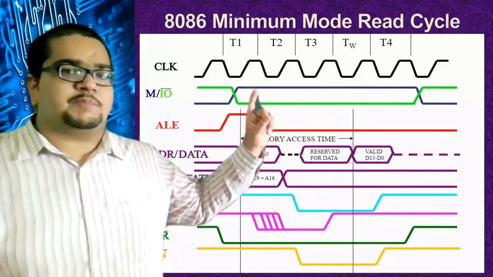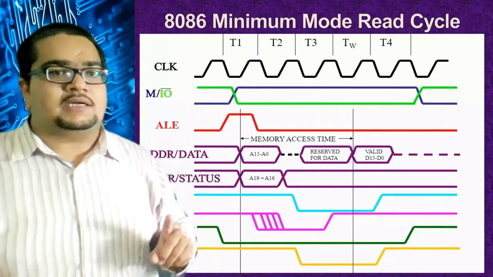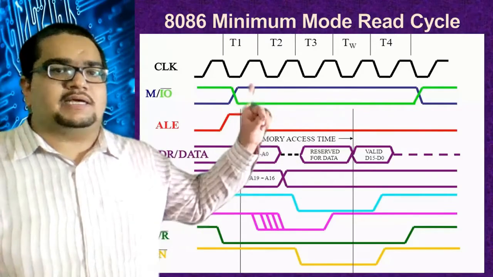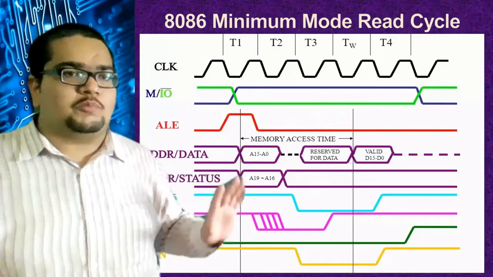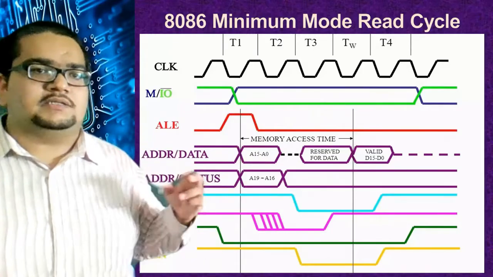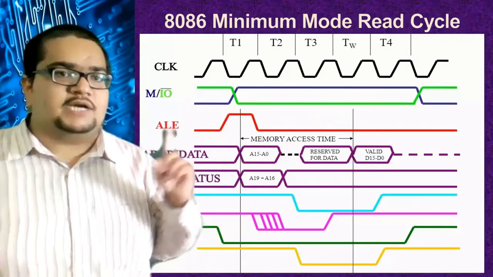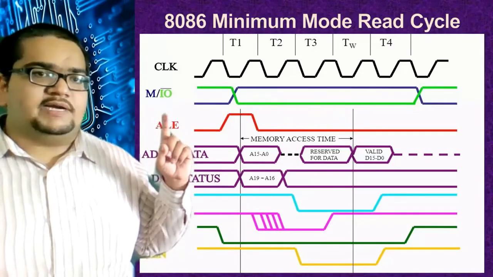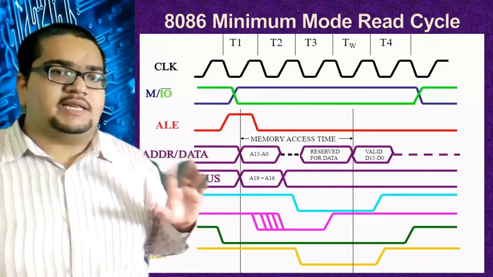And similarly, when this particular blue line is there, the data read operation from the memory is happening. So either that green line will appear or the blue line, just to make you understand that there are two operations assigned to the one particular signal, M/IO bar. When it is the blue line, it is a memory read cycle.